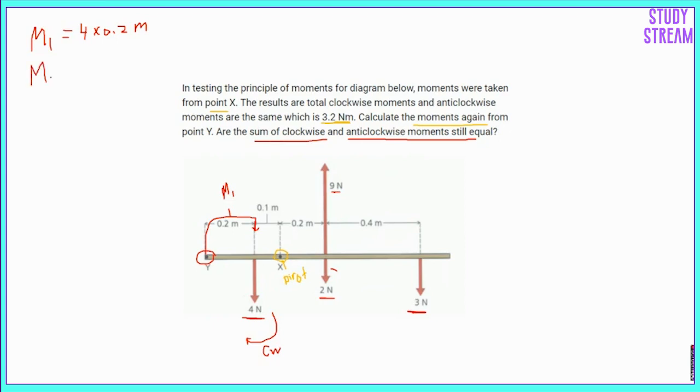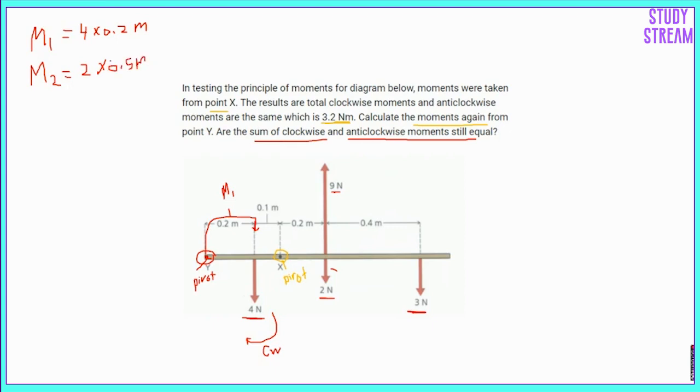Okay, let's take the 2 and multiply by the distance to the point. You are always measuring the distance from your pivot. This is your pivot. So what is the distance from the pivot to your force? 0.3. No, 0.5, I'm sorry. Yeah, 0.5.